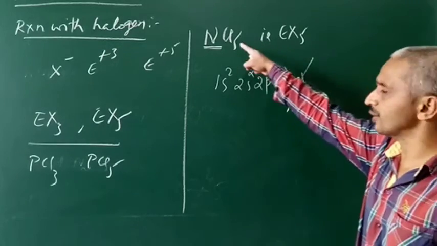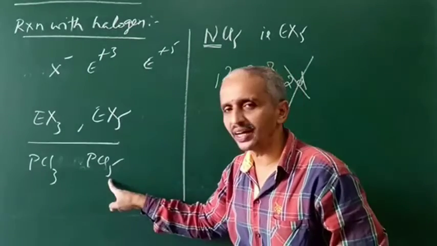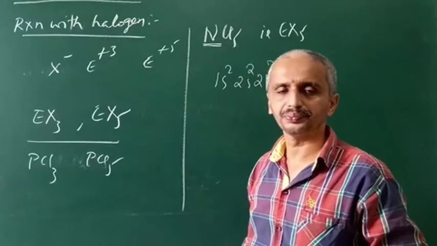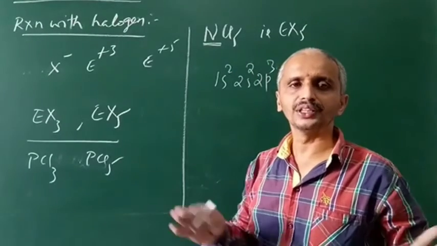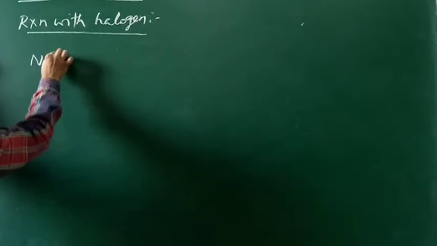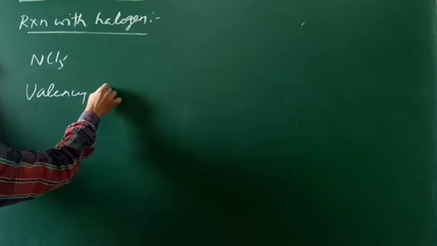So it will not show NCl5. But I have PCl5. I have AsCl5. Remember when it says NCl5 etc. is not possible, it means valency cannot be 5.